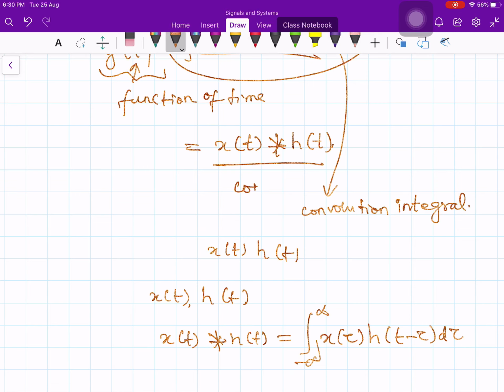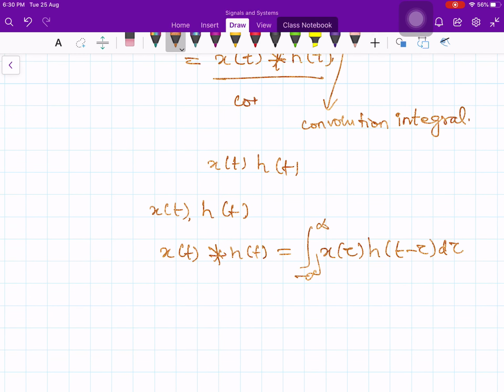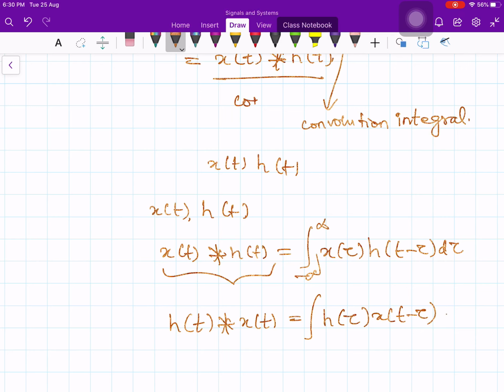This is a symmetrical arrangement. We can also write h of t convolved with x of t, which is h of tau x of t minus tau d tau. This particular property is called the commutative property.